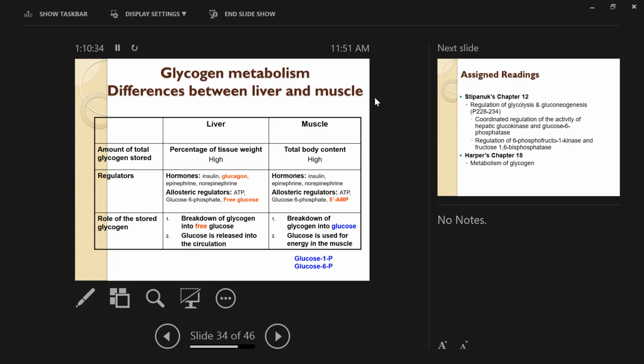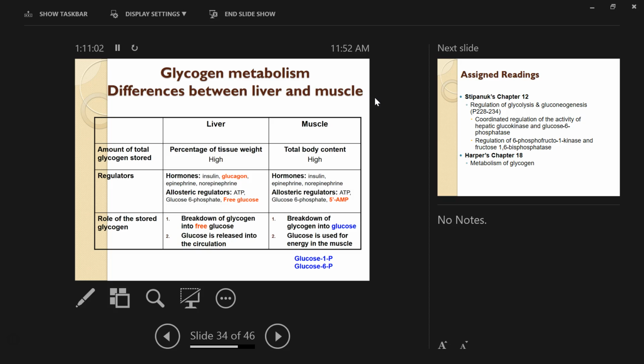And the allosteric regulators, ATP, glucose 6-phosphate, and free glucose, regulate liver glycogen metabolism, and free glucose only regulates liver, but not muscle, right?